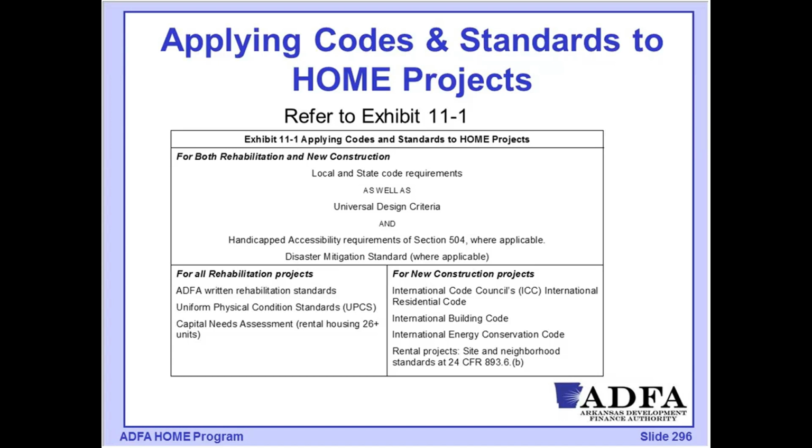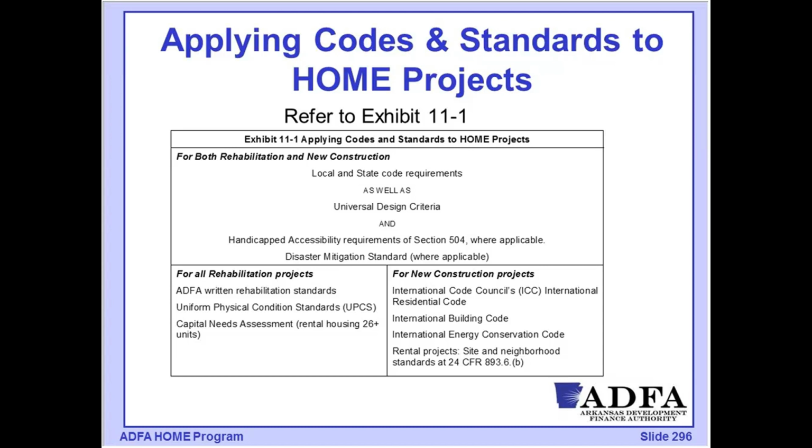And we define substantial rehabilitation as rehabilitation cost that is at least 75% of the replacement value for that property. So if we were doing a really large scale rehab of an existing property with 15 or more units, we also could be required to have those set-asides under Section 504 for mobility impaired and sensory impaired. So we would have some of our particular units built to those standards.